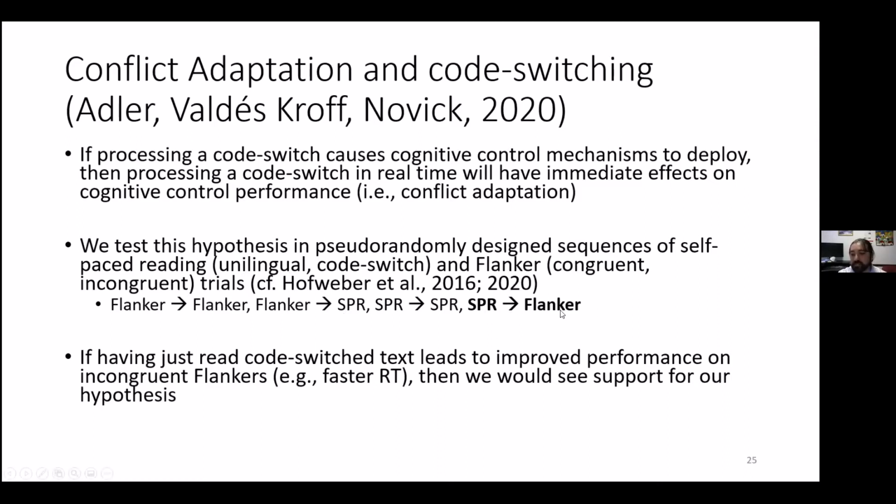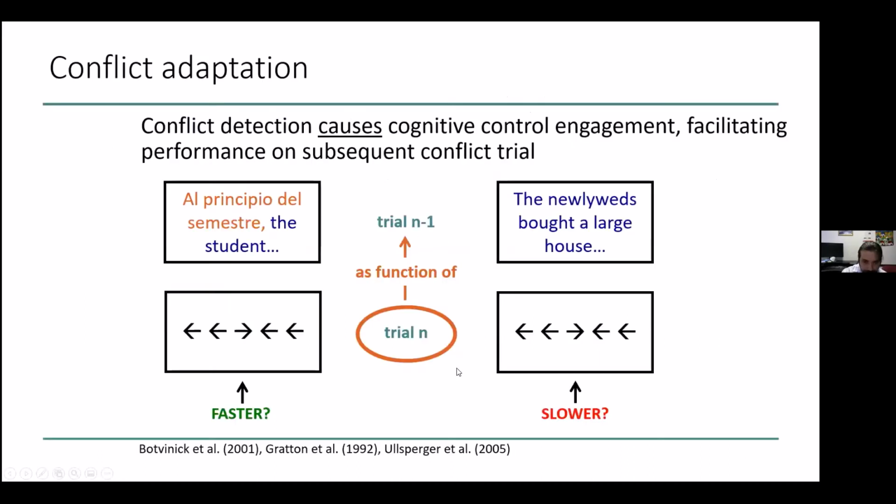And this last sequence is the critical sequence that we care about. The prediction then, if there's corroborating evidence for our hypothesis, is that having just read code-switched text will lead to improved performance on incongruent flanker trials. In other words, faster reaction time, and that would support our hypothesis.